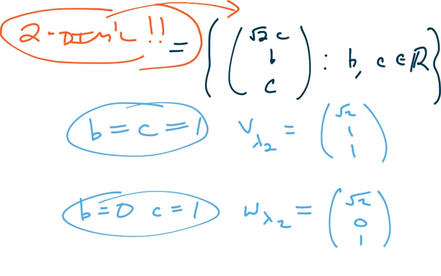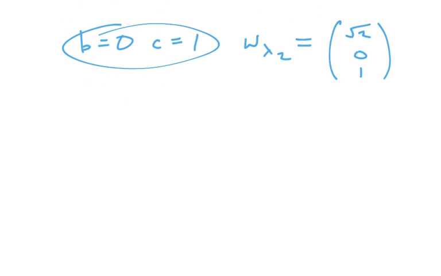And these are linearly independent. This is easy to check. Just eyeballing it, you can see that they have to be, because this one has a 1 in the second component, and this one has a 0. Since there's only 2 of them, they cannot be constant multiples of one another because of that fact. All right, so V lambda 2 and W lambda 2 form a basis for E lambda 2.